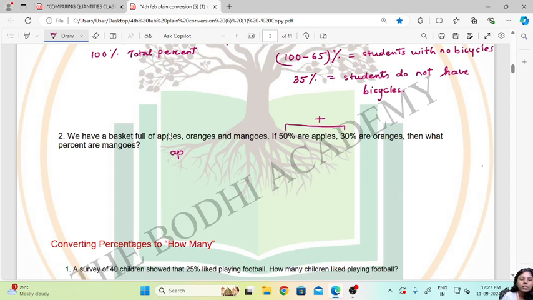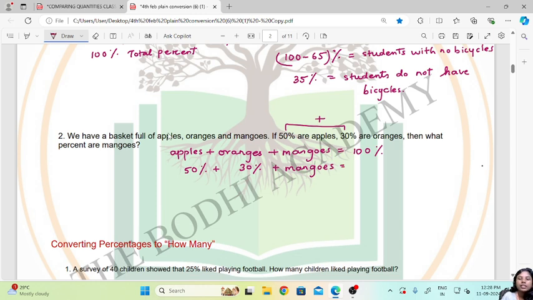So apples plus oranges plus mangoes equals how much? The total should be 100%, correct? Now apples is 50% and oranges is 30%, plus we have mangoes.